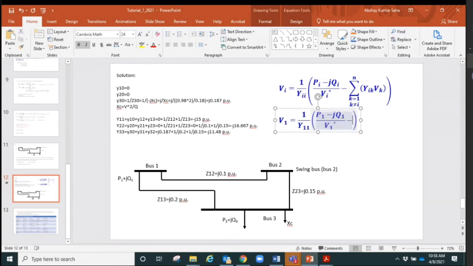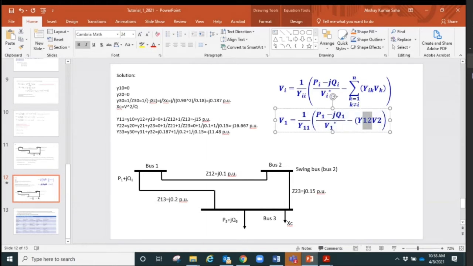When we expand it, we get Y12 V2. i cannot be equal to k, so Y11 will not be there.